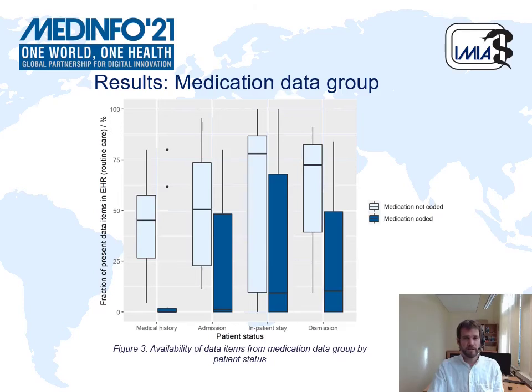But for every stage, the availability of the documentation of coded medication lags far behind that of non-coded medication. It is worth mentioning that within this data group, few sites excel by heavily using coded medication in the documentation, while others stick to non-coded documentation.